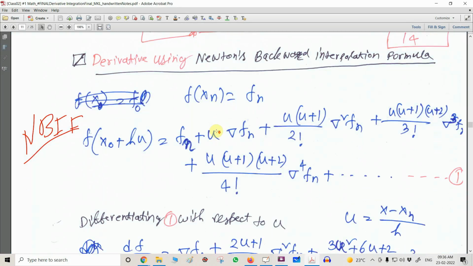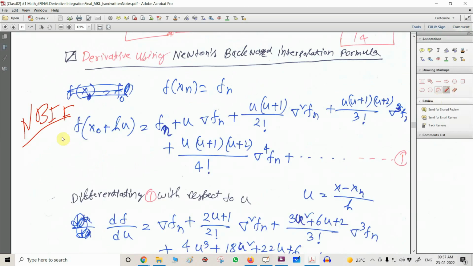Let's do this. Write this down: I am writing f(xn) as fn in short form, like f(x0) as f0.